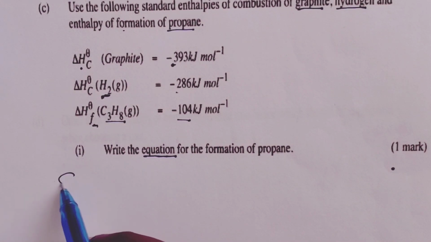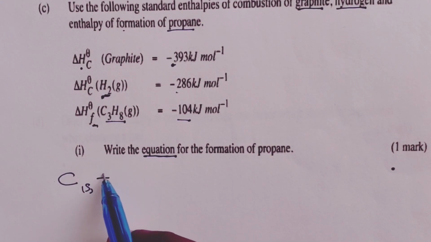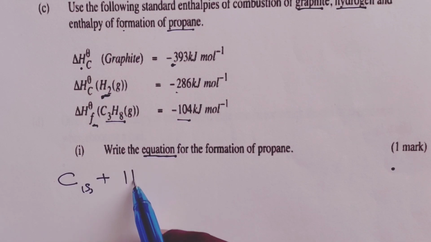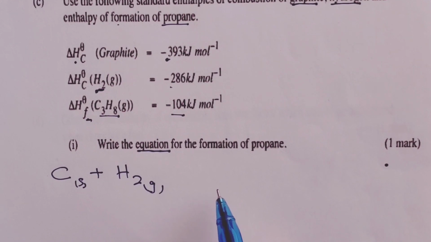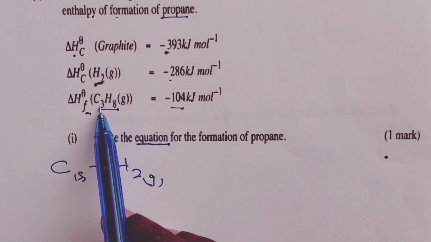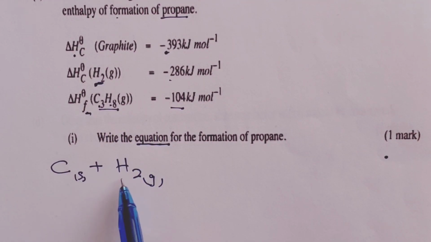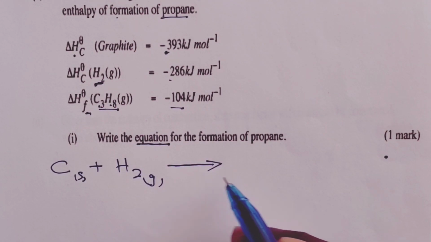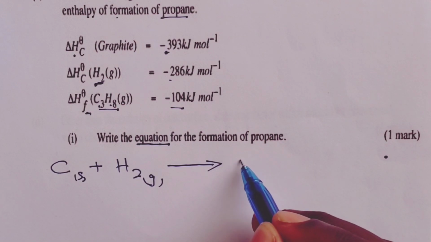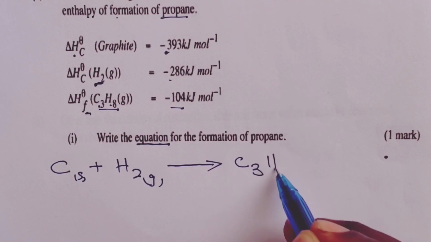So formation of propane would mean we have to form propane from its constituent elements. The constituent elements of propane are carbon and hydrogen in their standard states. So when you react carbon and hydrogen, we get propane.